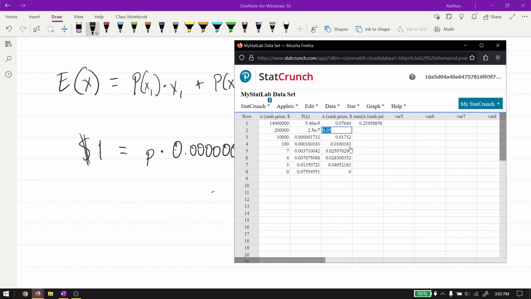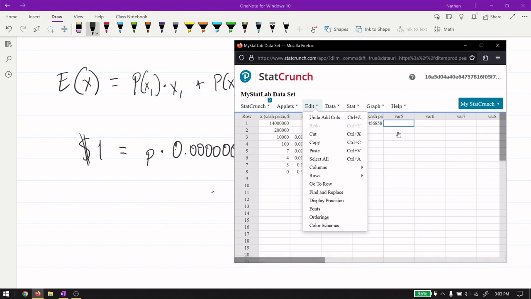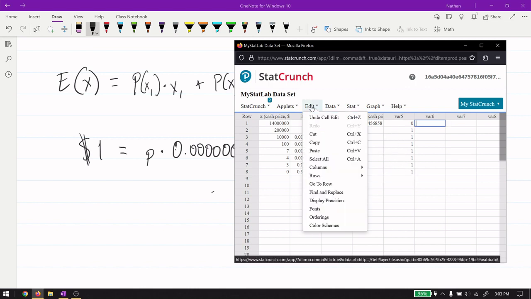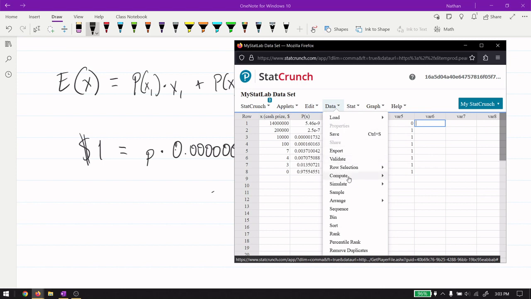I'm going to do this on StatCrunch just so it's a little bit easier for me to work with. I'm going to exclude this first one because I don't want it involved in our calculation. We don't know how much this needs to be, so I'm just going to exclude it. And for the rest of them, I'm going to add 1 there so that they are not removed from the calculation. The whole point of doing this is so that I can do compute.